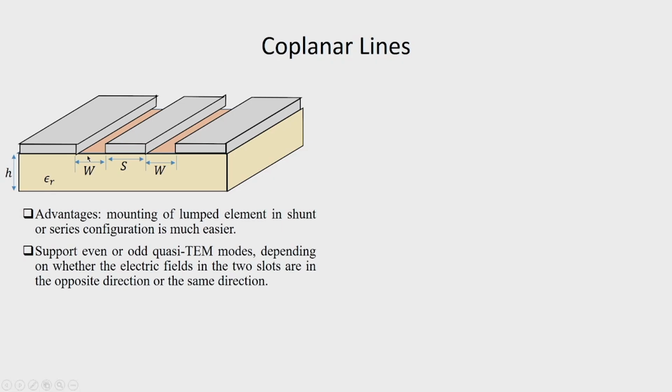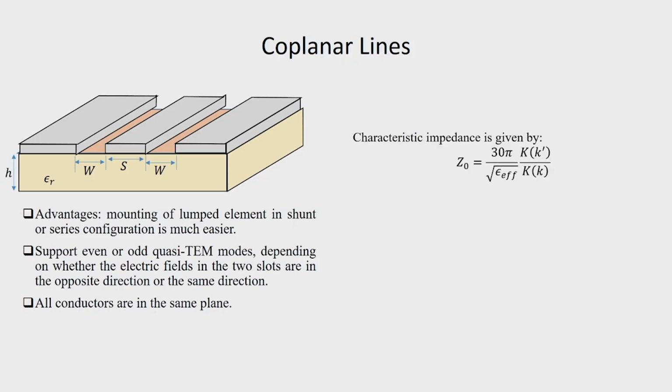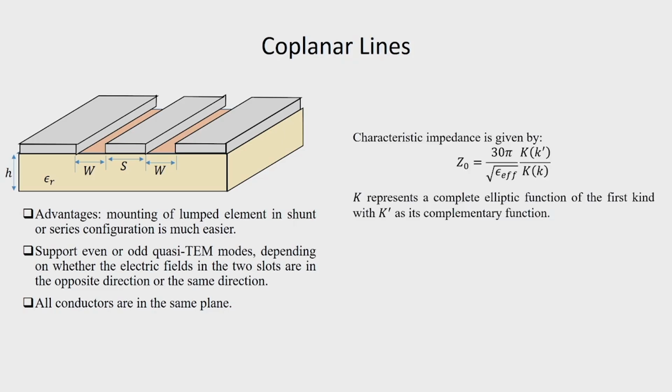For this type of lines, we can find out the characteristic impedance. The characteristic impedance is given by Z0 equal to 30 pi divided by root epsilon effective.